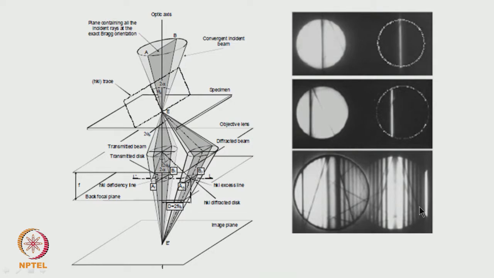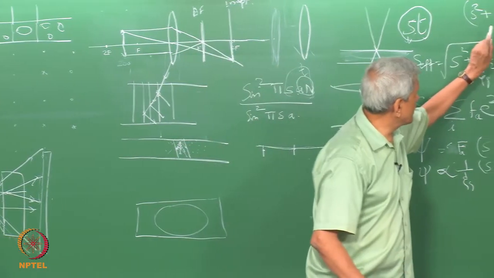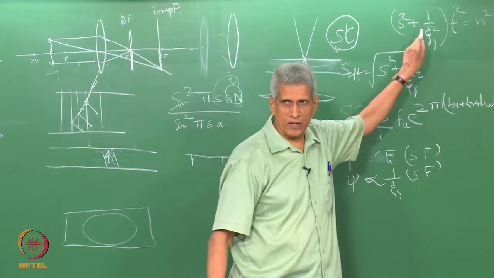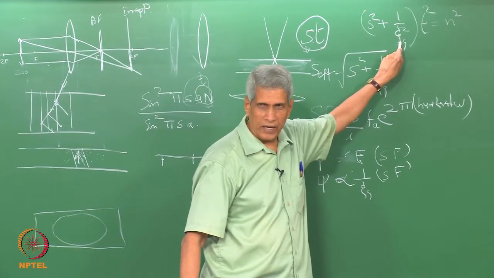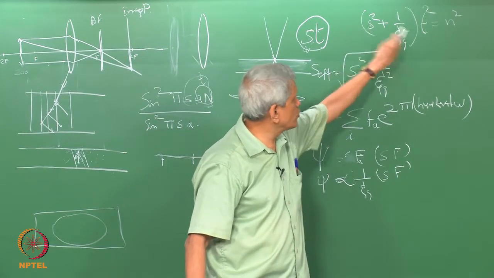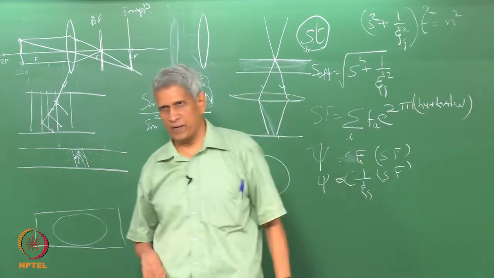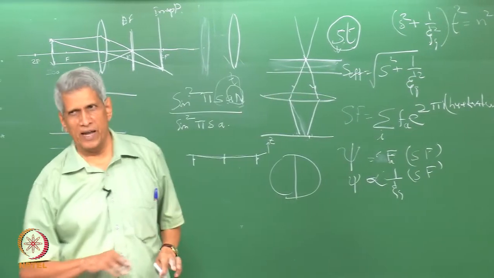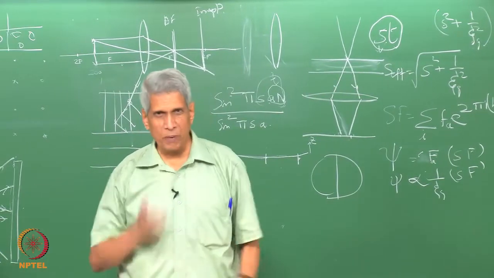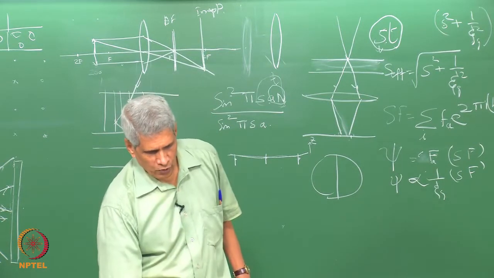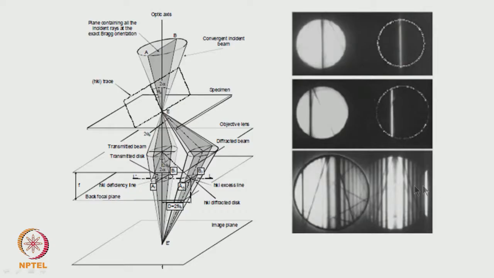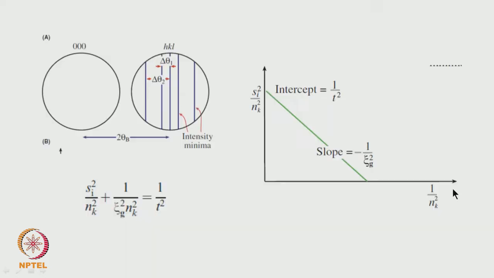In fact, this equation, if you know the material and if you know psi g, this expression could be used to find out the thickness of the foil. This is what is being done. That is, looking at a fringe pattern like this, finding out, if you know the lattice parameter and this distance, this is the formula which is used.